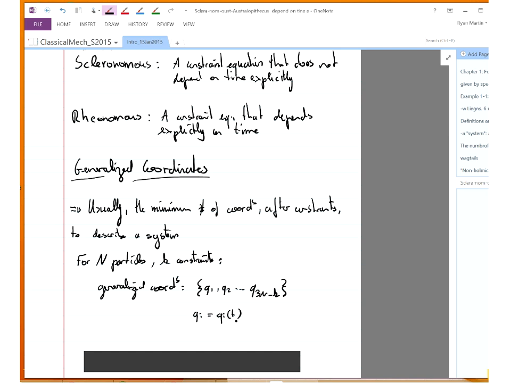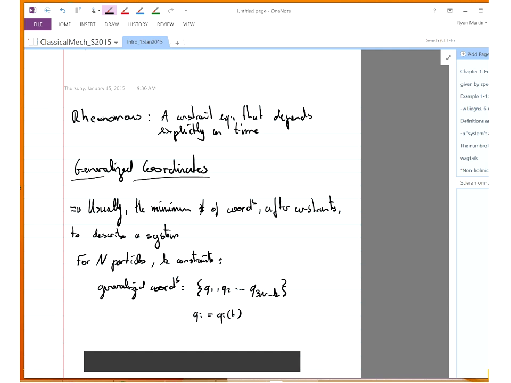So think of a system as needing n scalars, the number of degrees of freedom, to describe that system. Those scalars we're going to call generalized coordinates q1 to q_n. In some cases they will be quite abstract, and in some cases they will just be x, y, and z. So we'll just call them q because it allows us to be a little bit more general.